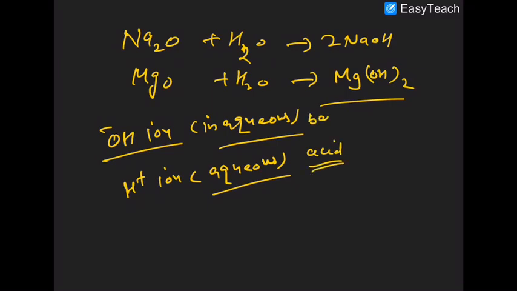This is base. So the compound which when dissolved in aqueous medium produces hydroxyl ion, very, very simple term that is, is called a base. If you produce OH negative ion, it is called a base. If the oxide when dissolved in water produces what? H plus. The oxide is called what? Acidic in nature. Simple things you have to learn.